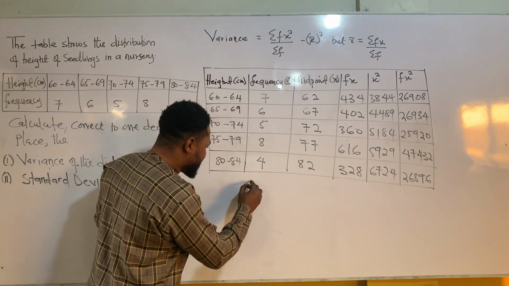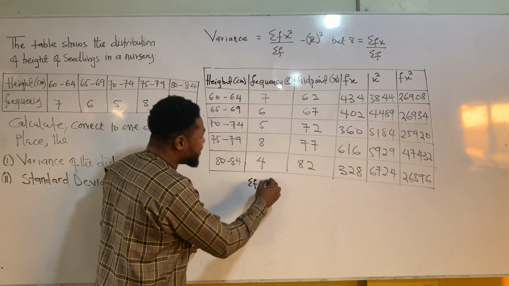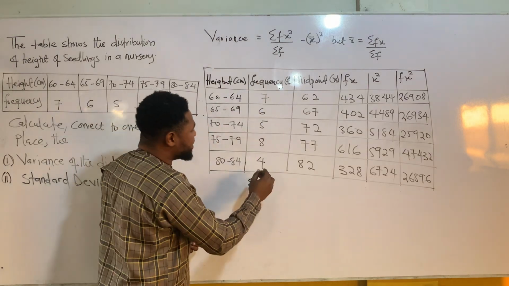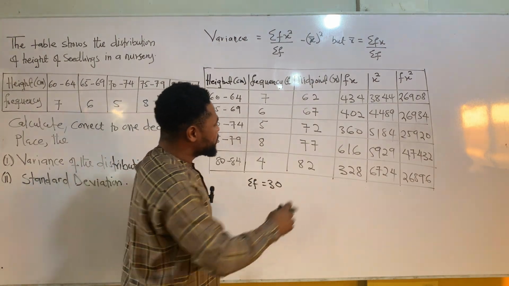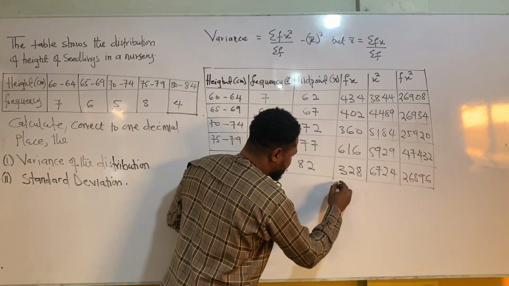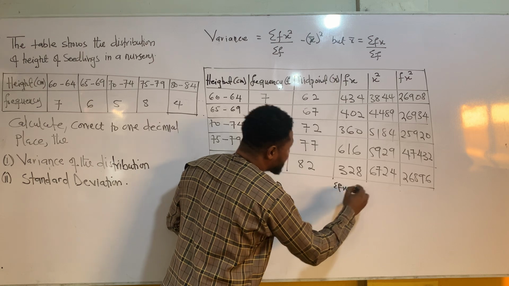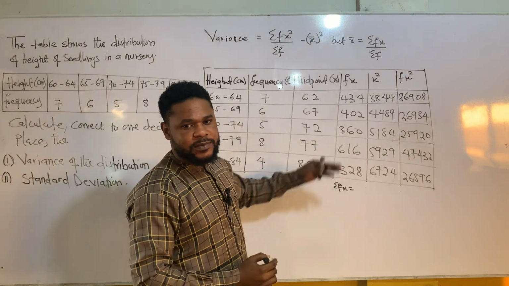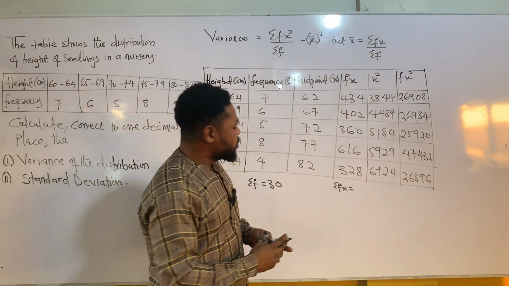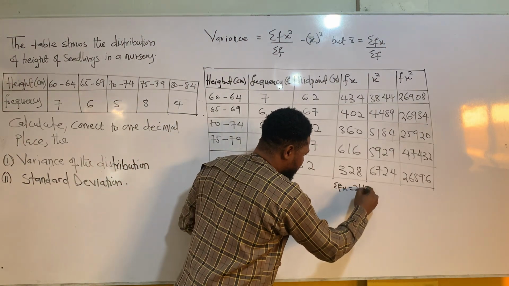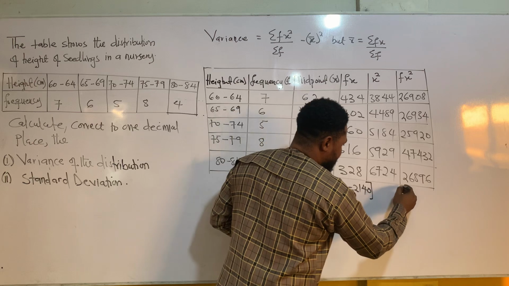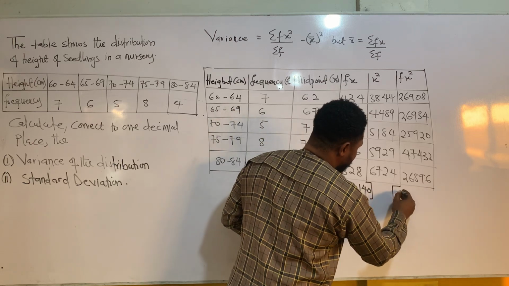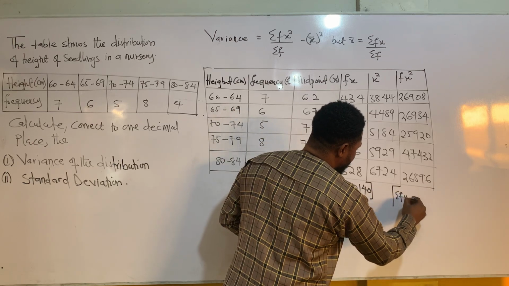Now we sum our f, we sum everything here, and we'll get 30. We also sum everything here. Summation of f of x, and that will give us 2140. All right. Then we also sum everything here, summation of f of x squared.